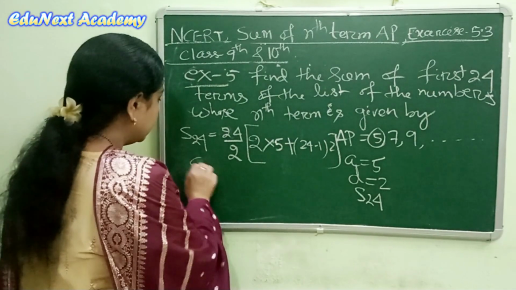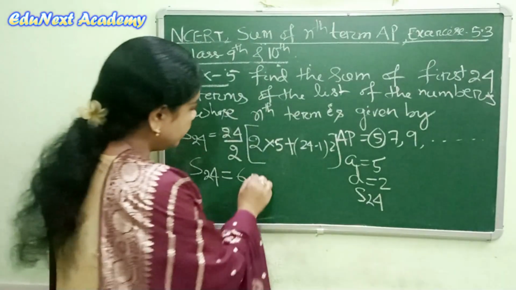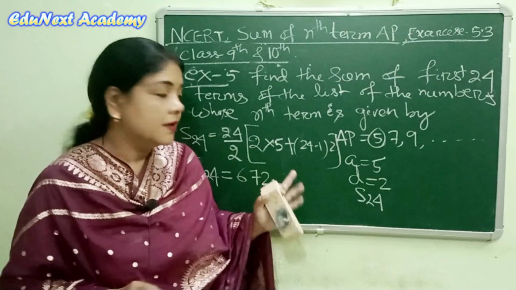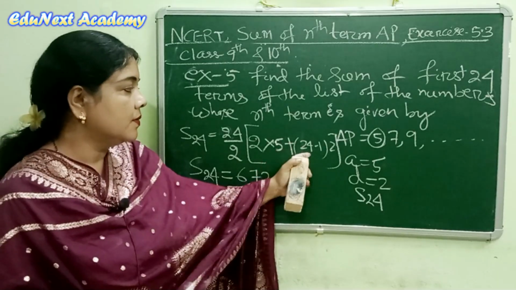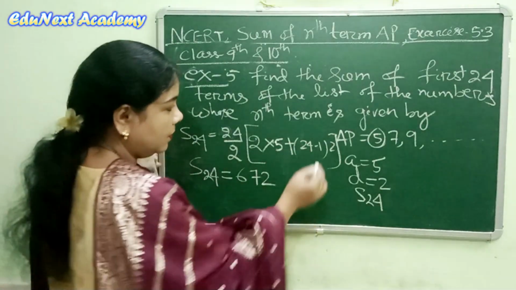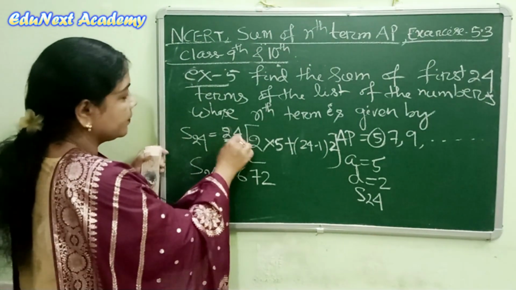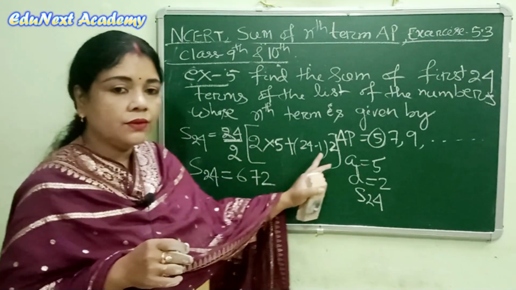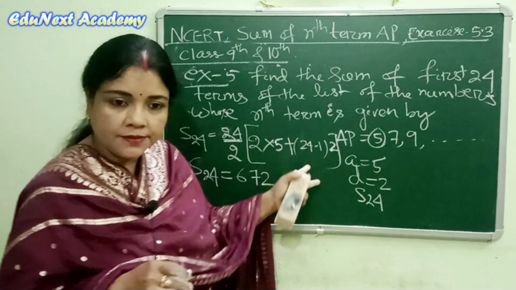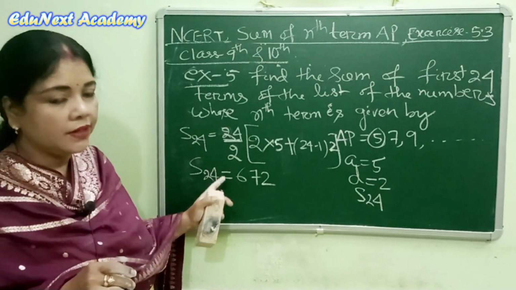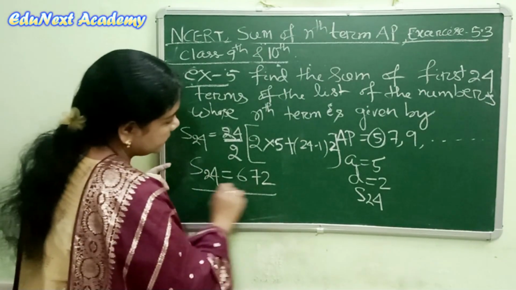After solving this, I got S24 is equal to 672. So 2 into 5 is 10, and 24 minus 1, 23 into 2, that is 46. That means 10 plus 46 is 56. 56 into 12 is equal to 672. Okay, this is the answer.